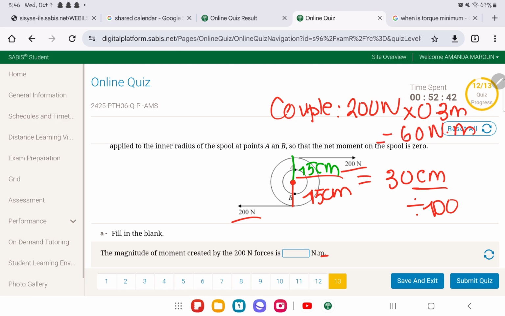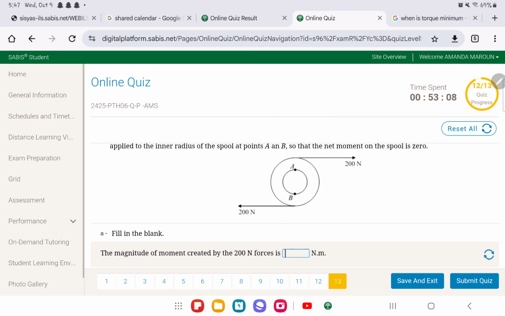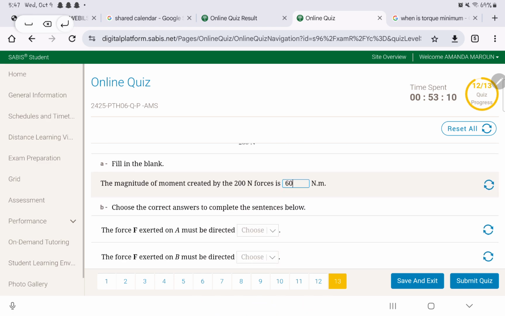First of all, before asking this question, see if they need moment, magnitude, net force or torque. Here they need magnitude, so that means we're not going to take positive or negative. So our answer here is 60 newton per meter. So for part A, the answer is 60 newton per meter.